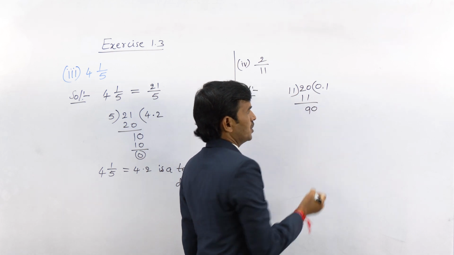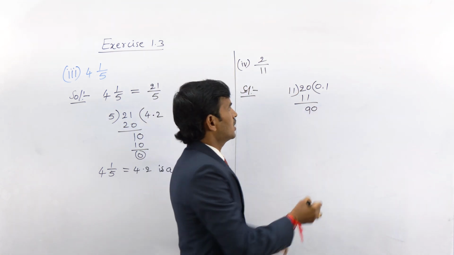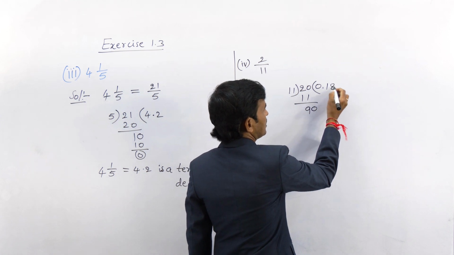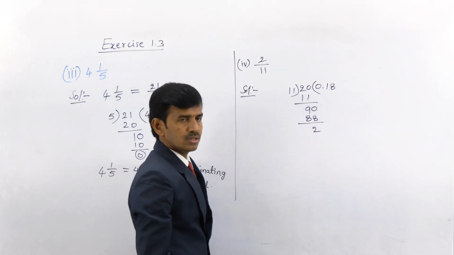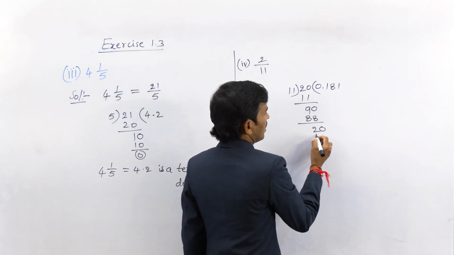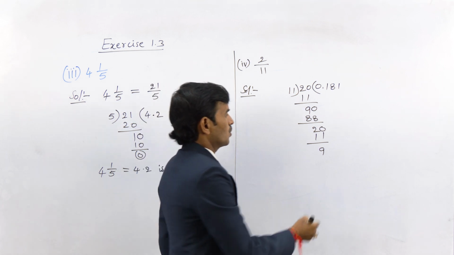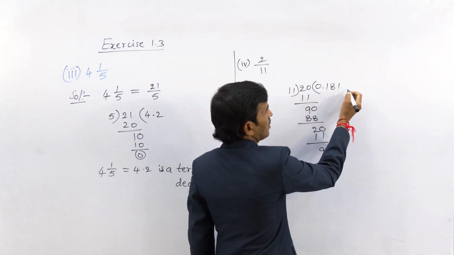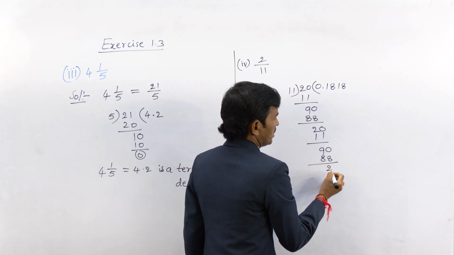Then take a 0. For every step we consider one 0 in order to divide. 11 8s are 88. Again 2 left over. Put 0 for the next step. 11 1s are 11. Now 9 left over here. So we take 0 again. 11 8s are 88. So 2 is left.